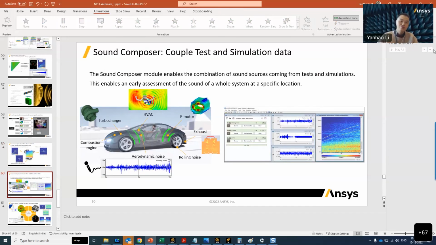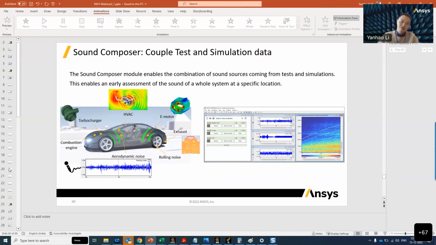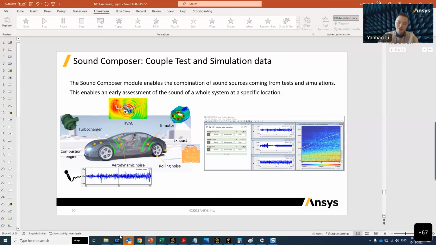It's a very interesting tool in Ansys Sound, which can help you combine sources from any part of your product, from simulation or from test, and combine them together with the accurate, real control parameters, and also consider the transfer function.